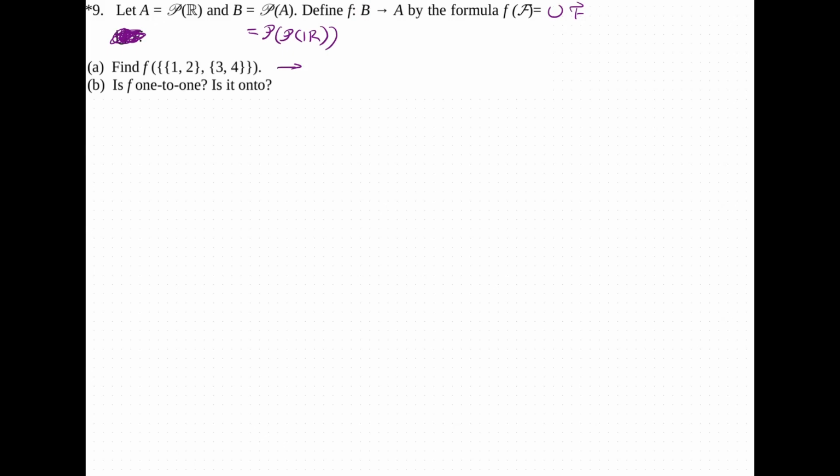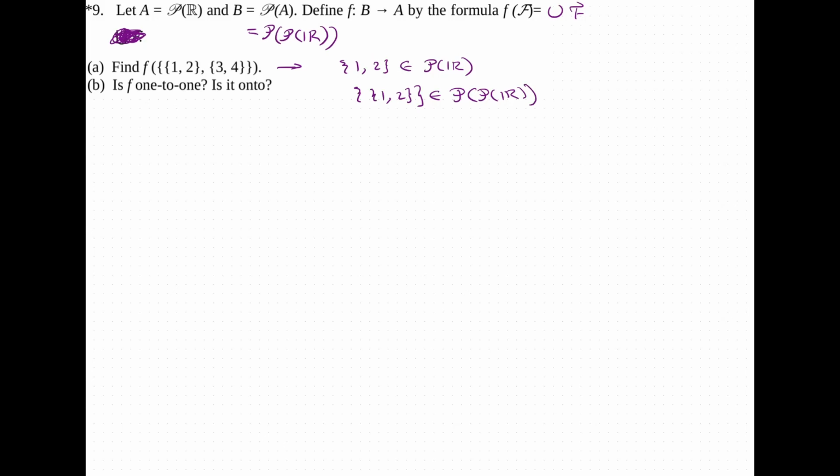The set {1, 2} is an element of the power set of the real numbers. If we take the set containing the set {1, 2}, now this is a set of sets, and this is going to be an element of the power set of the power set of the real numbers.